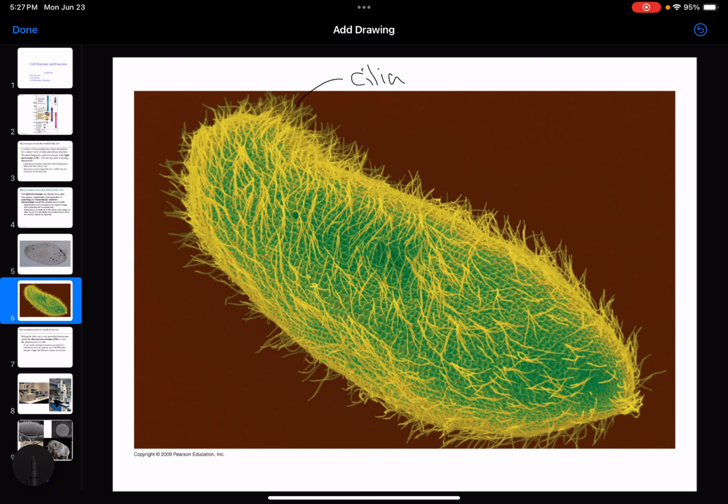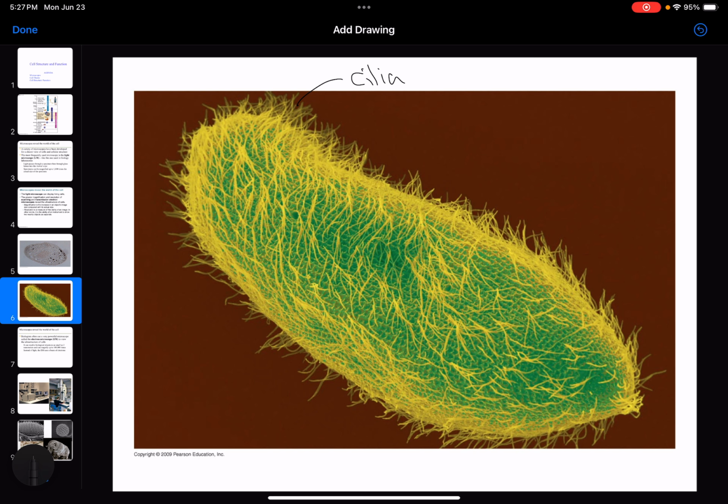And not surprisingly, you learn that protein can be the thing that our hair is made out of, right? And so here's cilia on the surface of a eukaryotic cell, like basically extending out of the cell membrane, and it's their version of hair.